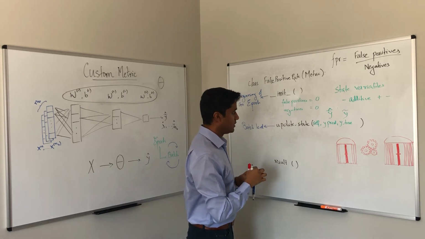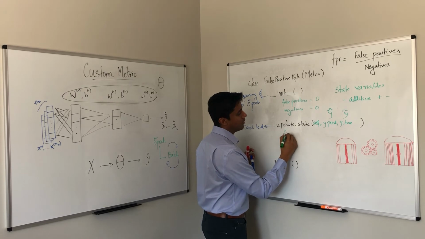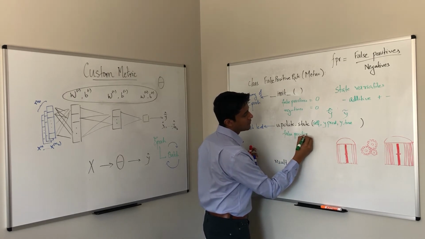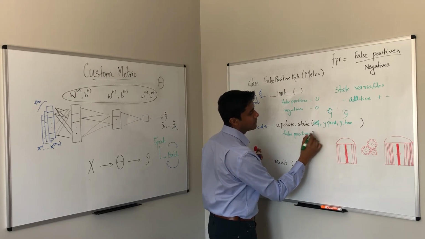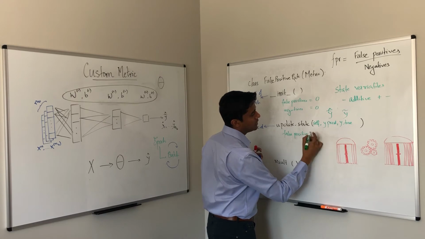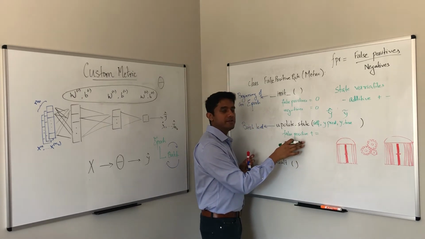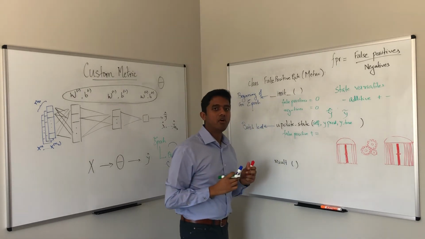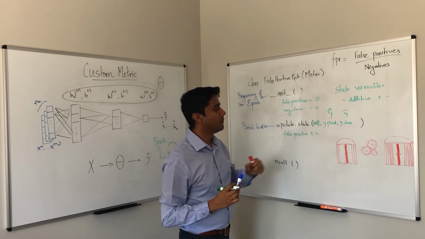So we will take that privilege and update my false positives to its previous value. So basically I can write it down like this. We update it with its previous values plus the false positives that we have for this particular batch that we can compute from here.